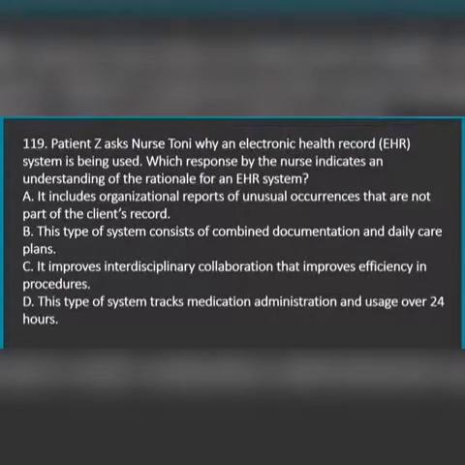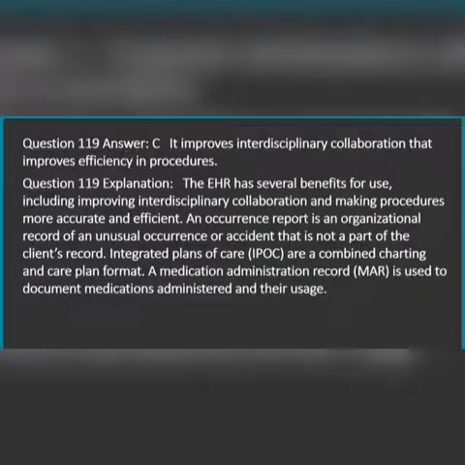B. This type of system consists of combined documentation and daily care plans. C. It improves interdisciplinary collaboration that improves efficiency in procedures. D. This type of system tracks medication administration and usage over 24 hours. Question 119 Answer: C. It improves interdisciplinary collaboration that improves efficiency in procedures.